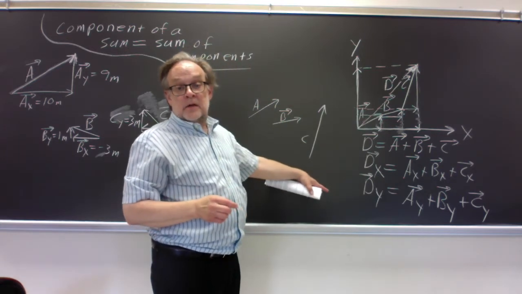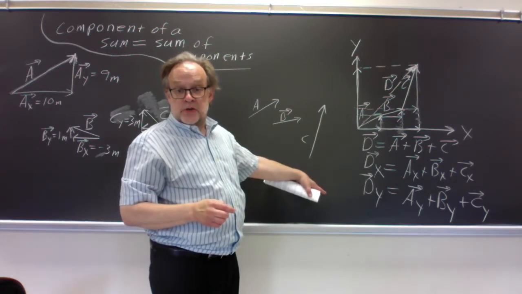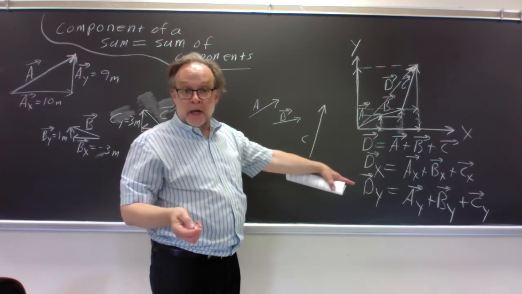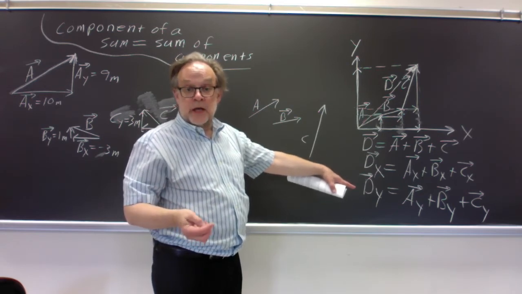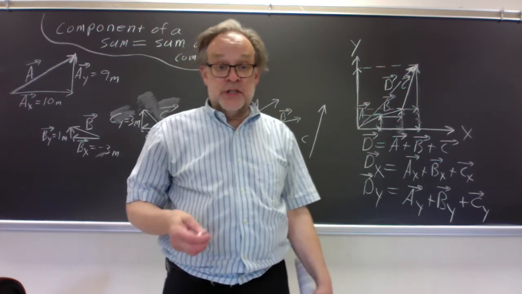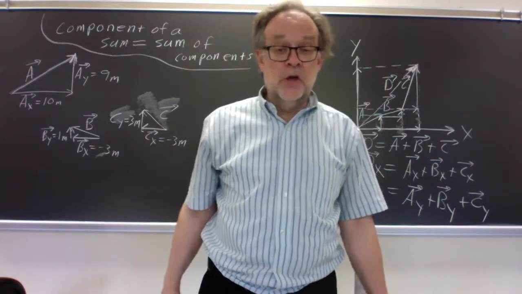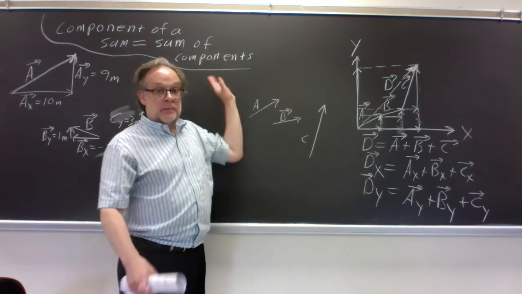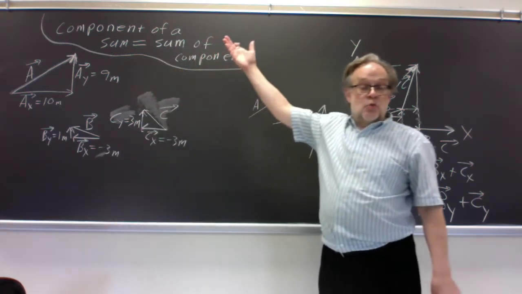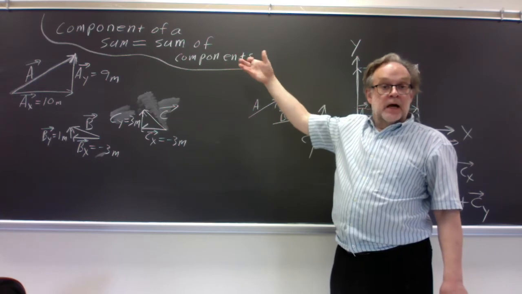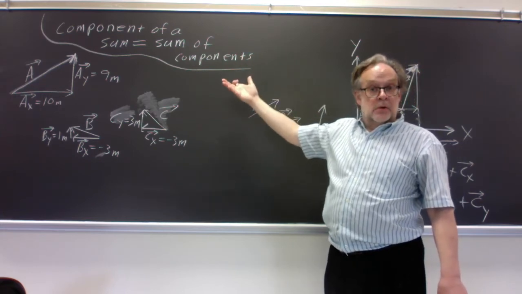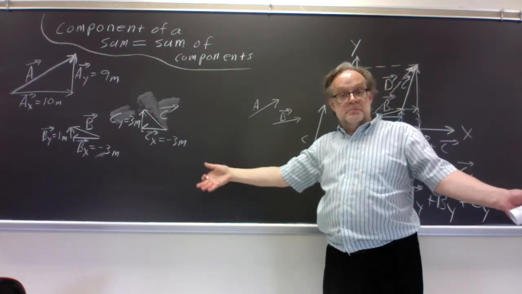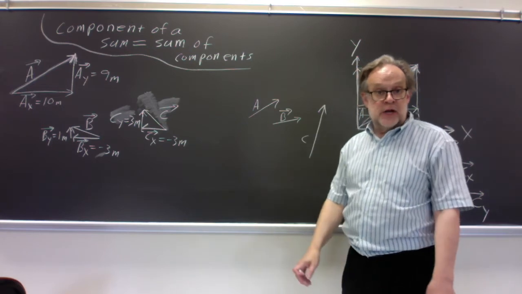So the y component of the sum vector is just the sum of the y components of the vectors that are being summed. Or to put it in simple terms, like I've got right up here, the x and y components of a sum are simply the sum of the x and y components of the vectors that you're adding together.